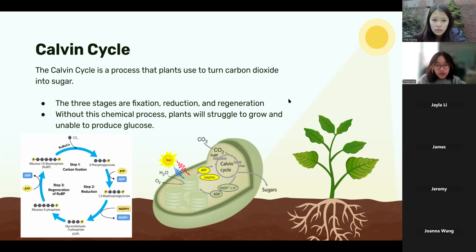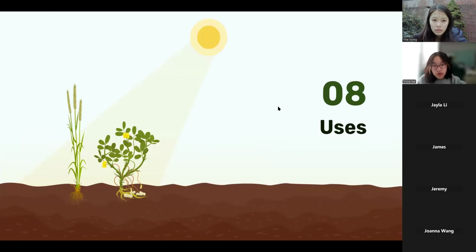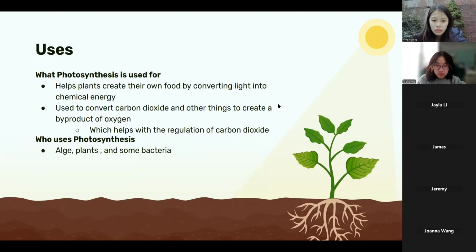All right. And then we have uses. What is photosynthesis used for? It helps plants create their own food by converting light into chemical energy. It's also used to convert carbon dioxide and other things to create a byproduct of oxygen, which we need.